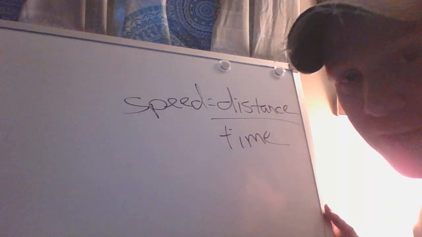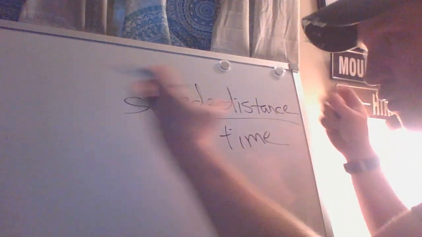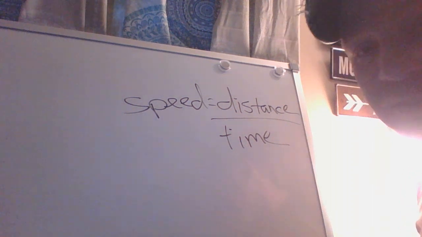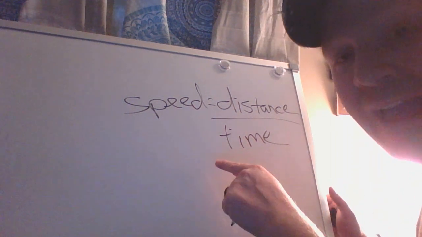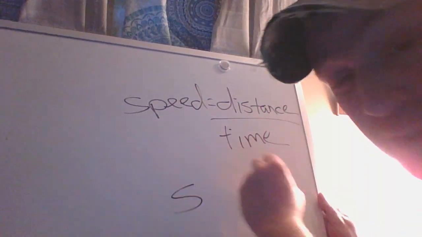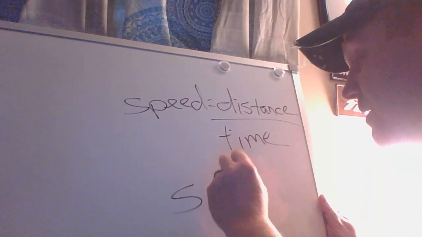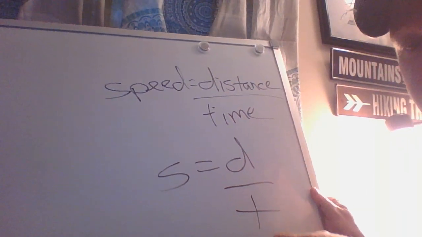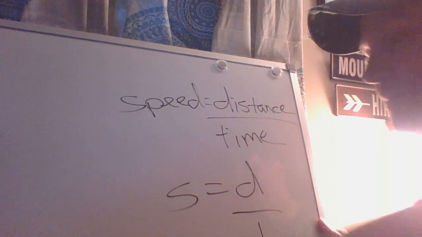We can use letters, we can use variables to condense it a little bit so we don't have to write the words every single time. For speed, we use S. This is what you'll see in the book. S equals D divided by T. Speed equals distance divided by time.